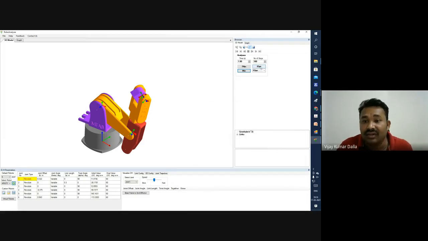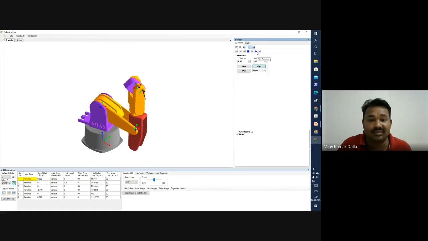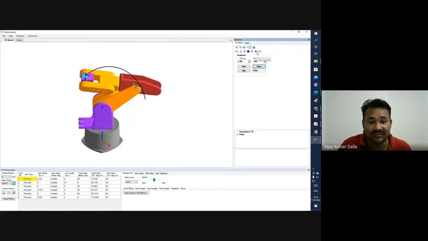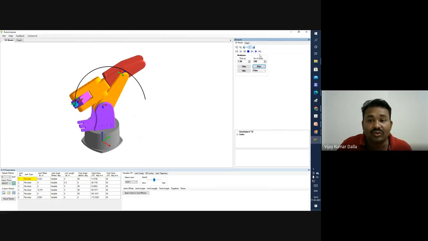Okay, now inverse dynamics. For that we need to first do forward kinematics and then inverse kinematics, and we want to visualize the motion. So to know about dynamics, means forces, what are the forces or torques required to move the manipulator, we need to take help of the graph here.